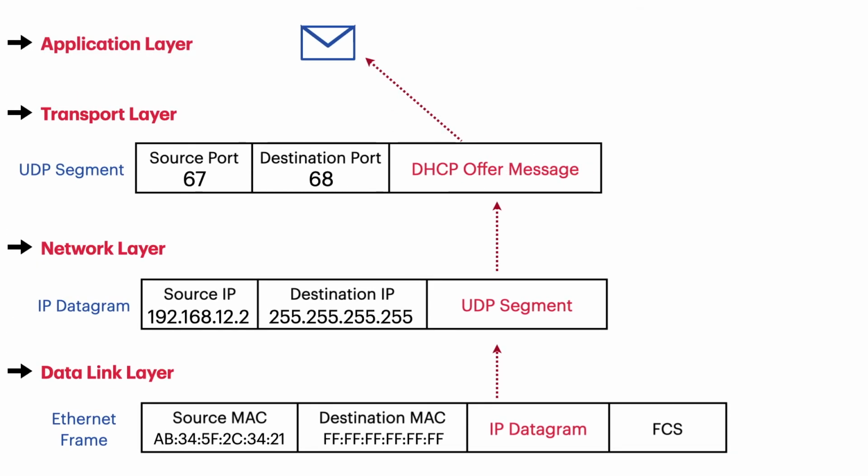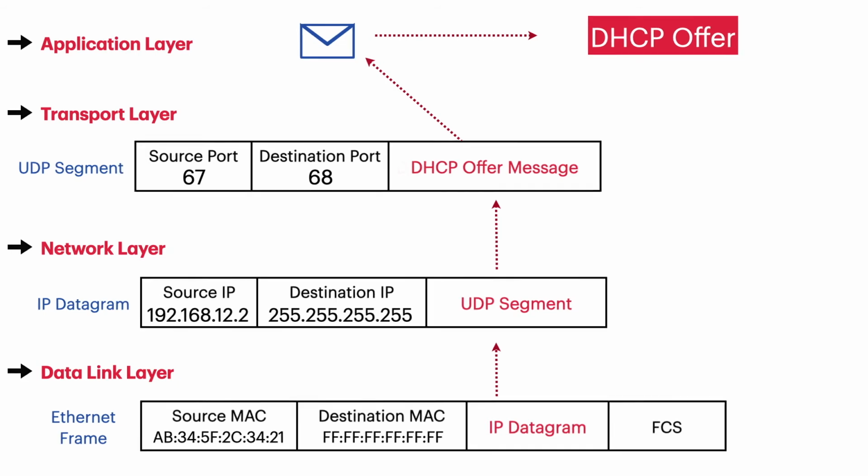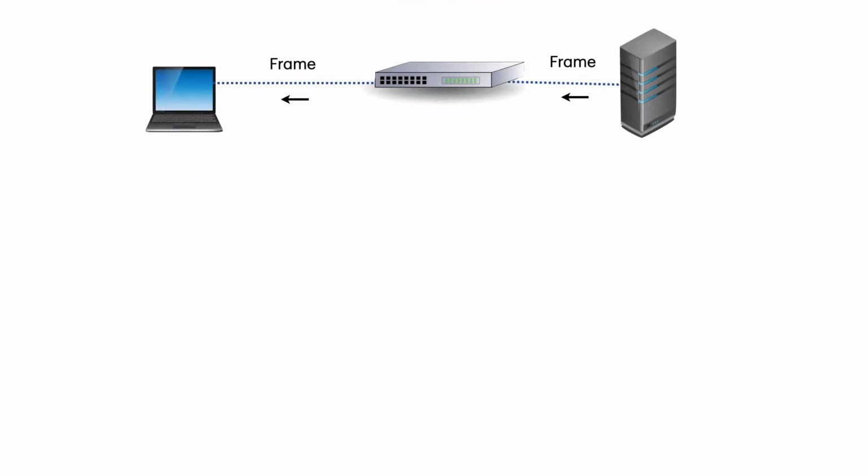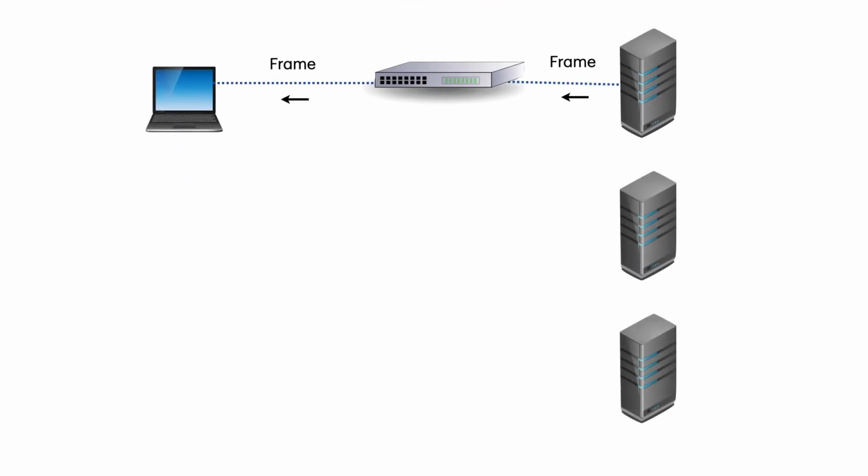The DHCP client decapsulates the received frame along the TCP/IP network layers till the offer message is received. Note that a network may contain more than one DHCP server, so the client discover message may be received by multiple DHCP servers.